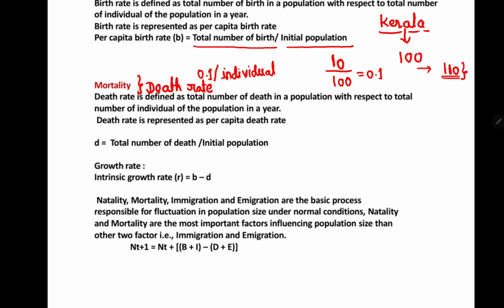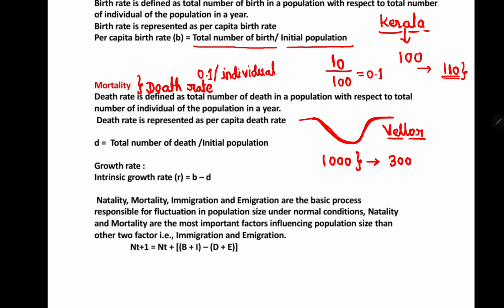Now suppose I have one population in Tamil Nadu, in Vellore district. In a colony, the total number of individuals is 1000. After 1 year, 300 people died in this population.